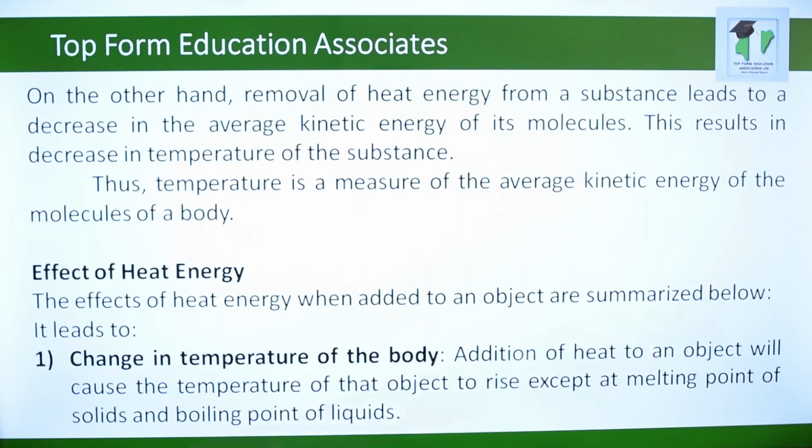Once it gets to 100 degrees Celsius and you add more heat to it, the temperature does not change. Instead, it will turn to vapor. So addition of heat to an object will cause its temperature to rise, except at the melting point of solids and the boiling point of liquids.